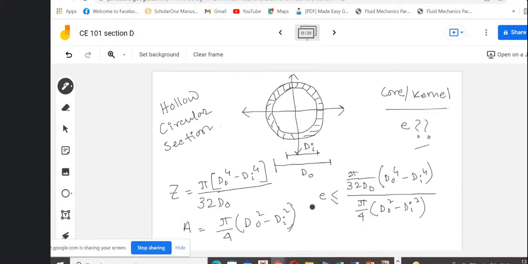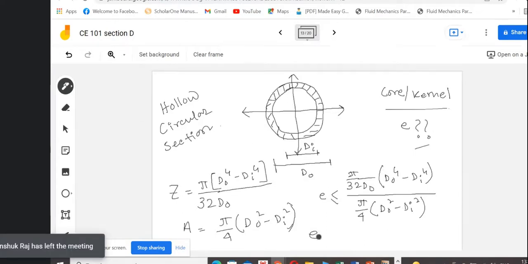Okay, not this much, some parts are okay, you said something extra. So this portion is d naught square plus di square into d naught square minus di square, so that part will get cancelled.